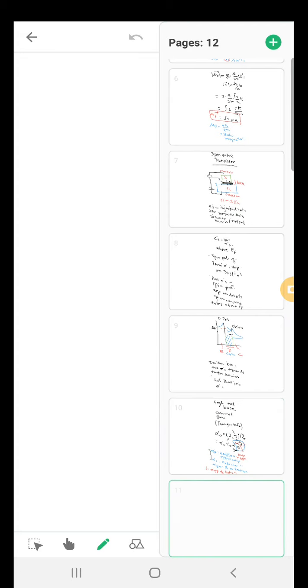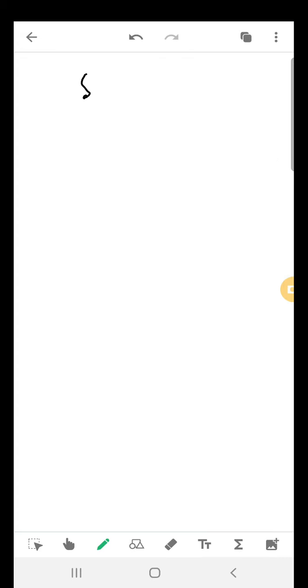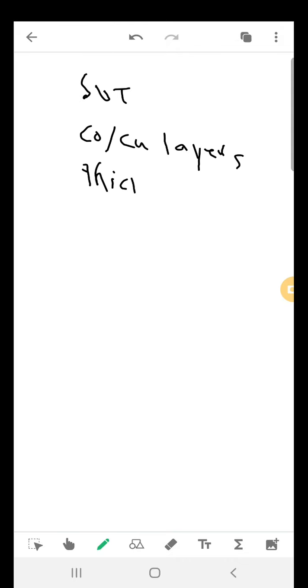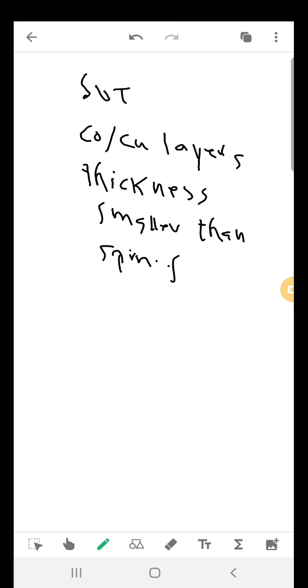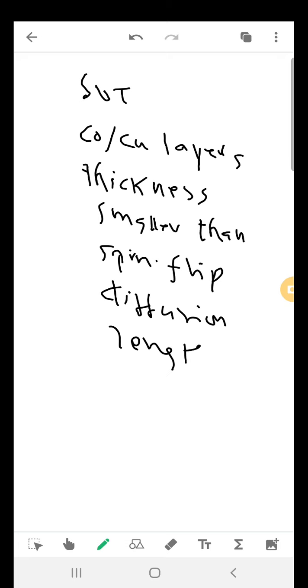So another point is that in SVT, the individual cobalt and copper layers have thickness much smaller than the spin flip diffusion length.